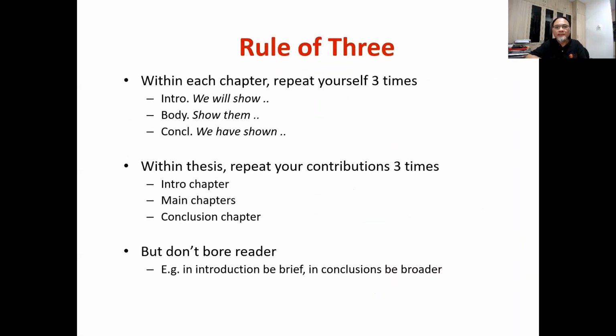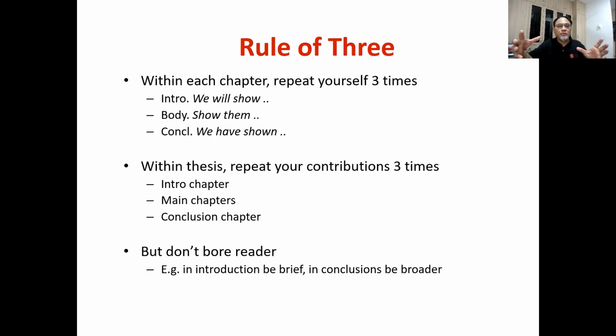Now, when you write, this is important, the rule of 3. Within each chapter, repeat yourself 3 times. Chapter 1, introduction. In the introduction, there will be an introduction, meaning this chapter will explain the research, provide the background of the research, the objective, the scope of the research.